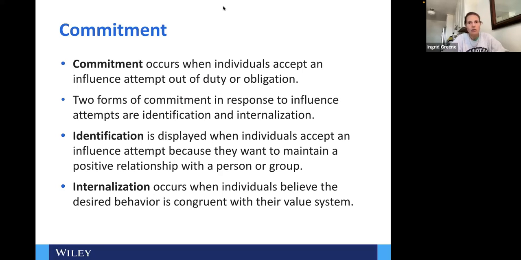I don't necessarily want to do this, but I have committed to being a part of this organization. Or internalization, when individuals believe the desired behavior is congruent with their value system. And this is about the church. I have committed to going to church on Sundays because that's what the Catholics say is the right thing to do.